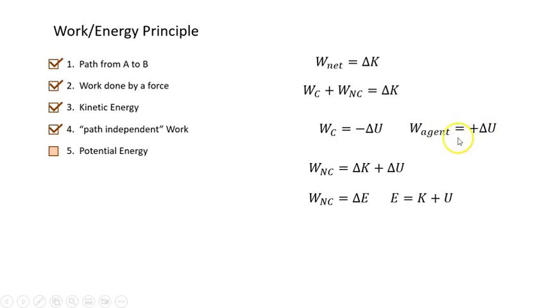And this other view of the work done by an agent, you, the agent, picking up the book, if you're not accelerating the book, you're just moving it gently, and you're pushing with a normal force that's exactly balanced by weight. So your upward normal force is mg. And if you're moving the book up a height h, you're doing work plus mgh.